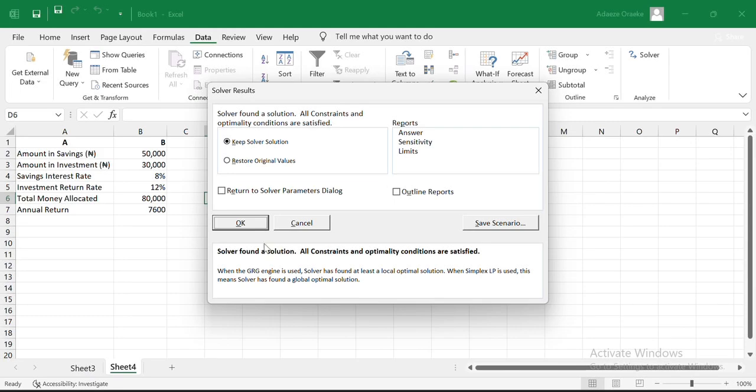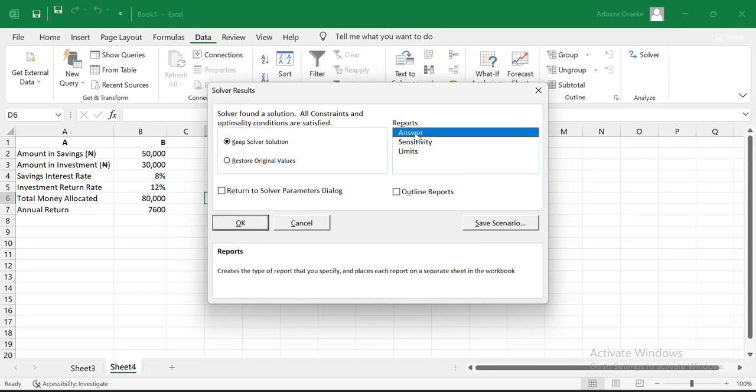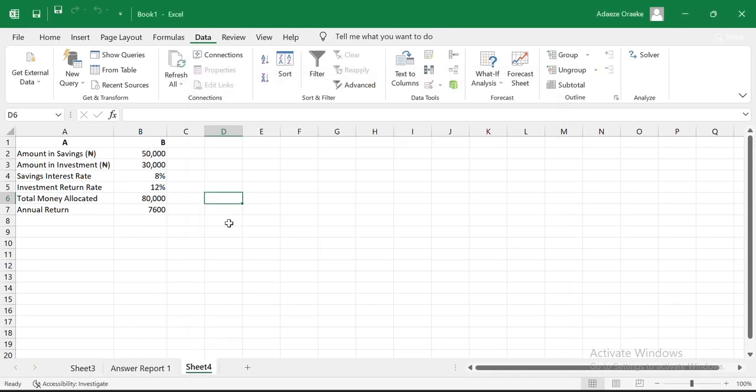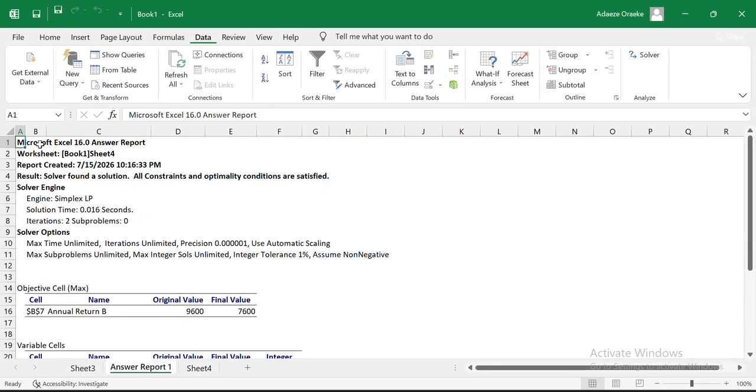We put as much as we can in investment, the whole 30,000, because the investment return rate is higher. Then we put the rest in savings. And our annual return now is 7,600 naira. So given these constraints, this is the maximized return we can get.